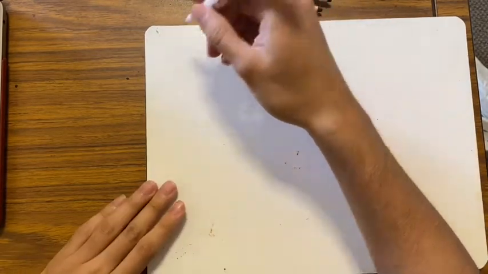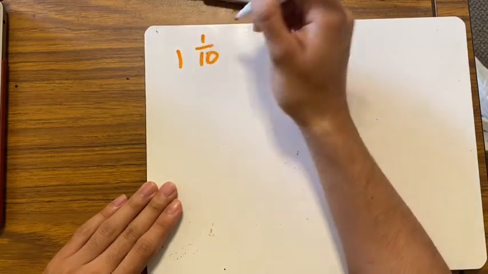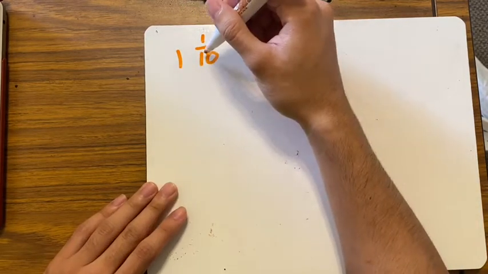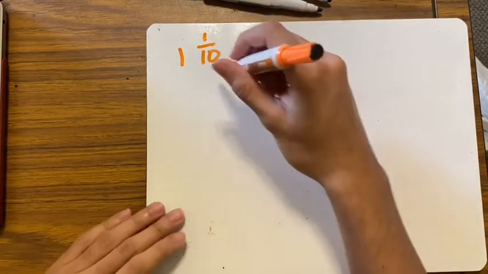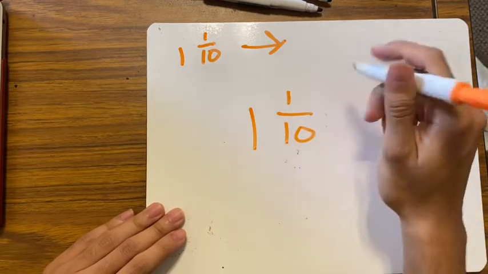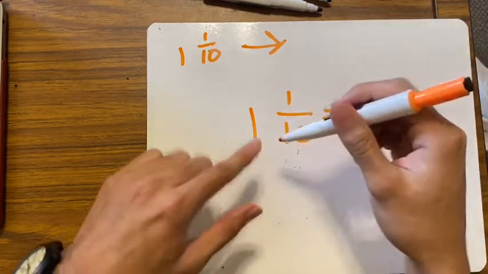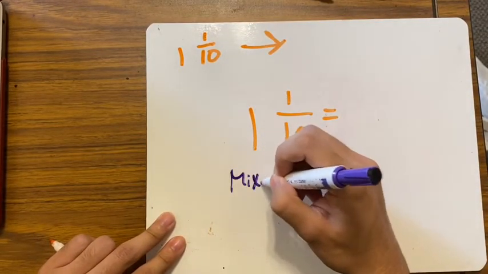So, one thing you should definitely know is how to switch mixed fractions into improper fractions, okay? So I'm gonna go ahead and rewrite this right here bigger. And I'm just gonna show you what you need to do, okay? Because this right here is called a mixed fraction, a mixed number.